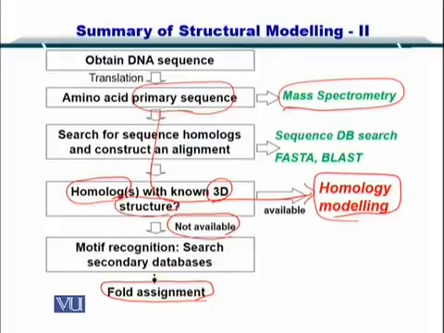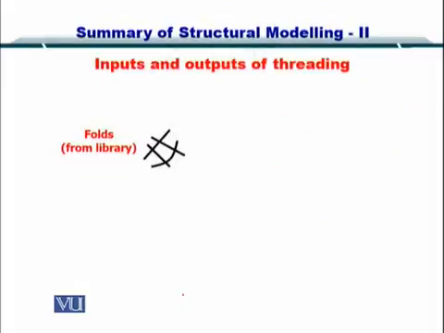move to fold recognition. So in fold recognition, you started by looking at folds from the library. These folds were then investigated individually for possibility of being formed by the amino acid sequence. A protein may have multiple folds, of course.